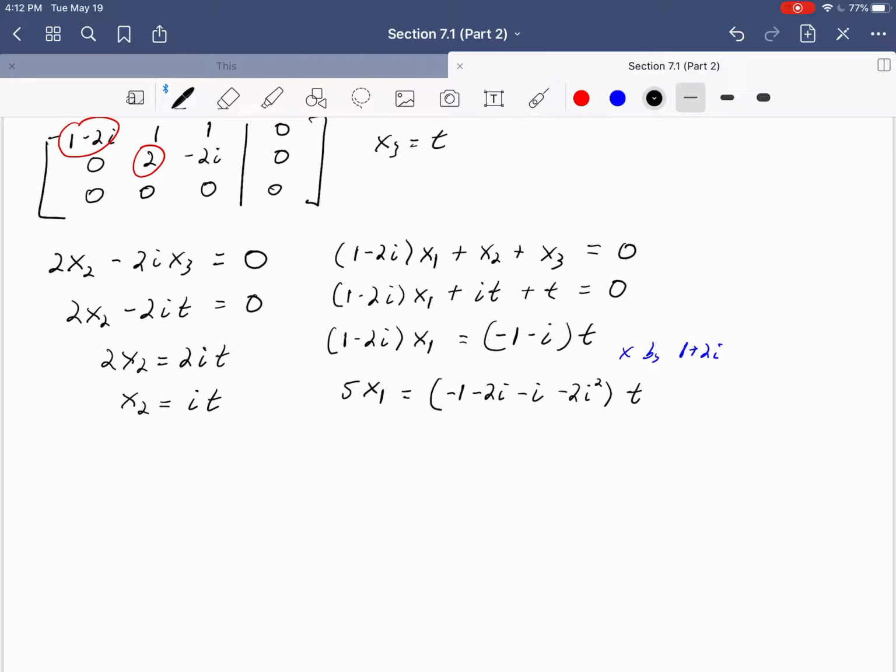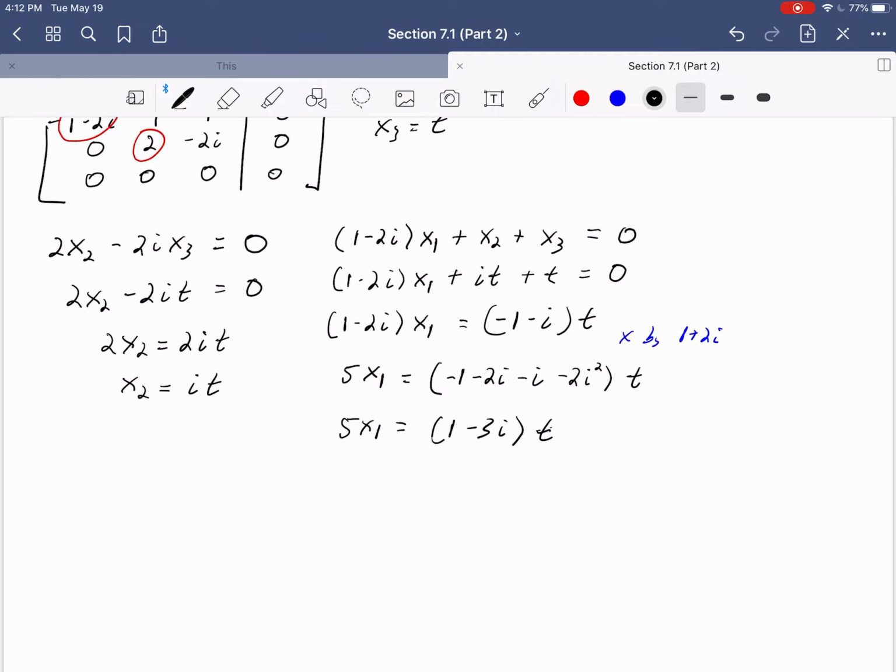This is going to become positive 2, so we should get (1 minus 3i) times t. And then divide by that 5, and we get x1 is 1/5 minus 3/5 i times t.